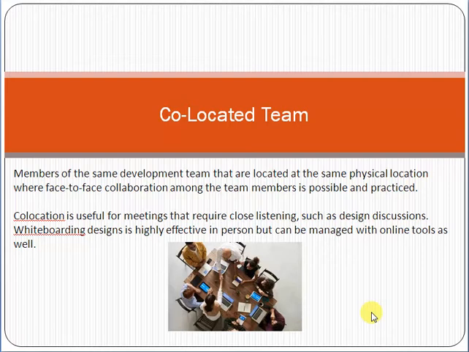So co-location means that all the main resources, like software development, software designers, quality assurance, production deployment, UAT assistance, are sitting together at one single location. They can easily talk and communicate with each other.